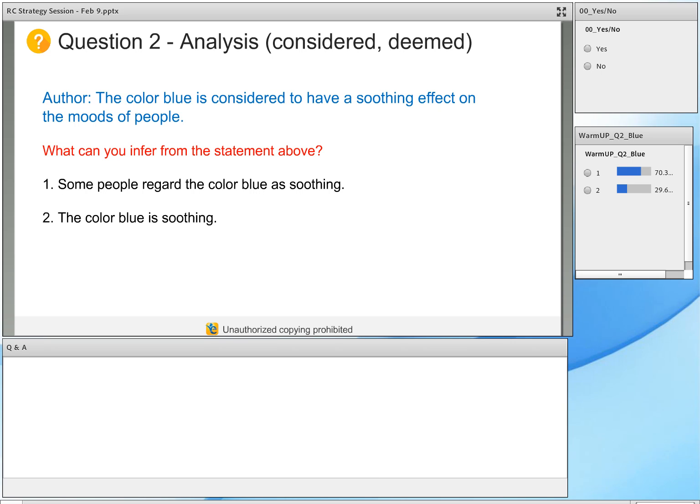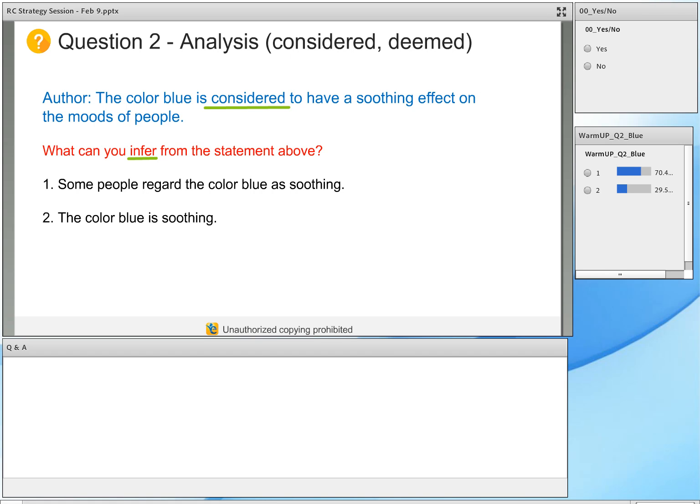70% of the class thinks that choice 1 is the correct answer, and 30% think that choice 2 is the correct answer. This is a very important thing for you to understand regarding inference. The color blue is considered to have a soothing effect on the moods of most people.